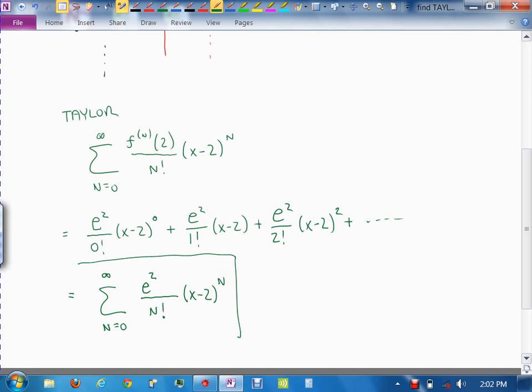That is the Taylor series of e to the x centered at 2. Yeah, because this first one right here, that's the zeroth derivative at 2. That's e squared. That okay?